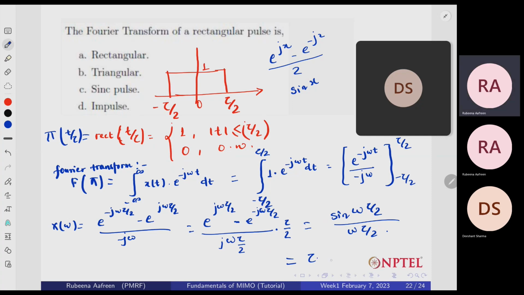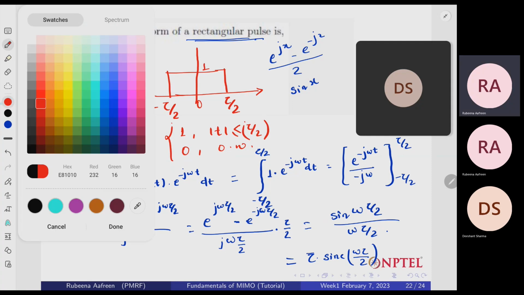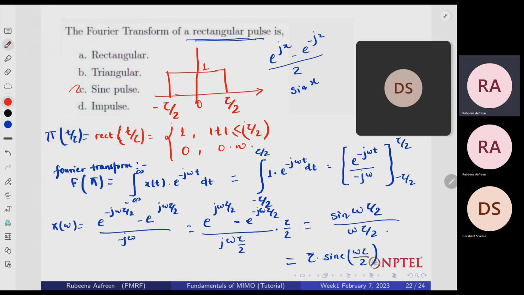So we can write it as tau times sinc of omega tau by 2. So always the rectangular pulse's Fourier transform is a sinc pulse. So here the answer is C.